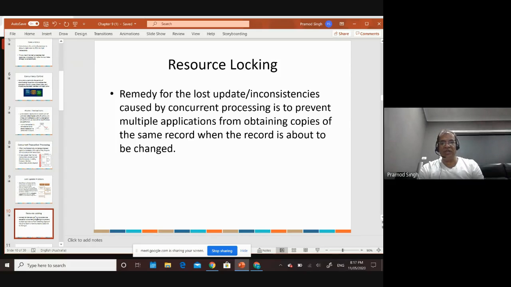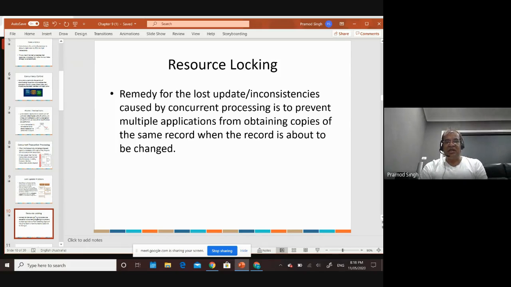Suppose transaction 1 in the previous case locks that particular record after taking the stock, and then updates the whole record to 9, and then transaction 2 takes the 9 as a stock and makes the changes, then the total deduction from the total stock would be 3.